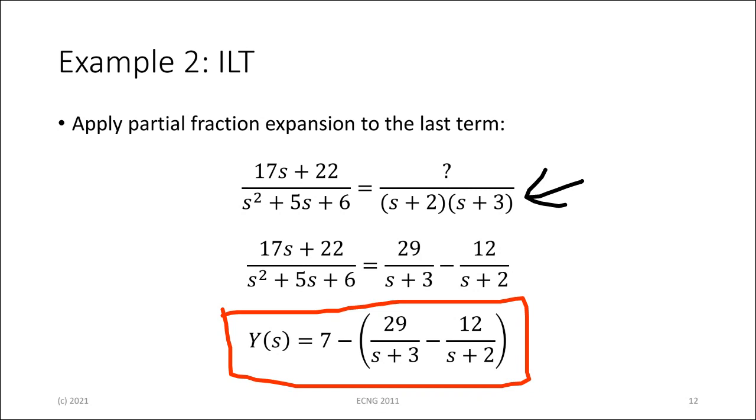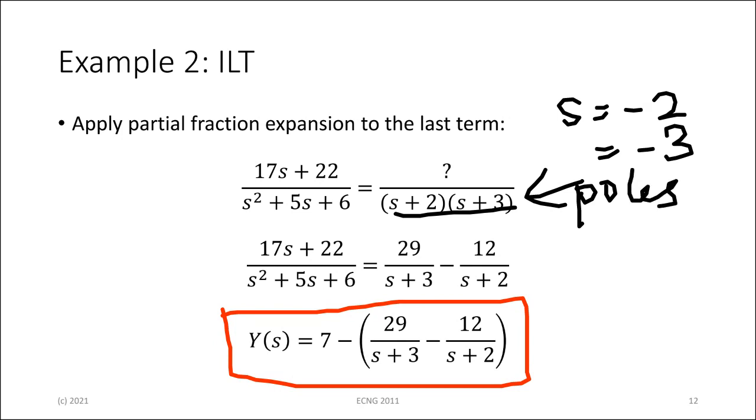Poles. There you go. So s plus 2, s plus 3 give me the roots of the denominator, the poles. So this thing therefore has poles at s equal to -2 and s equal to -3.